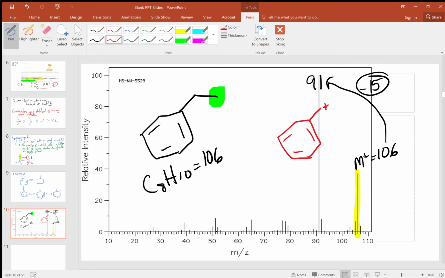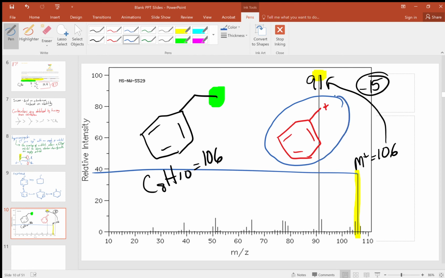But because of the resonance, it makes it a very stable cation. And you can see very easily that given that the relative intensity of this peak is 100, the next largest peak in the spectrum was the parent peak, which had a relative intensity of around 40. And so that indicates to us just how stable this carbocation is compared to any other carbocations that can form.